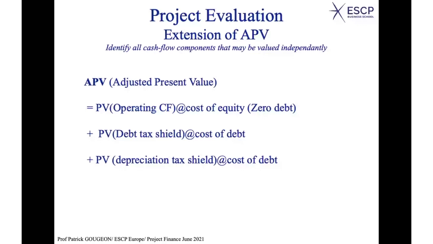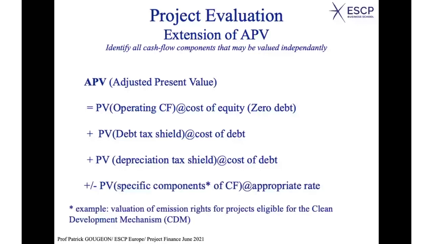Well, and we may also treat all types of other components. Okay, it might be positive or negative components which deserve a specific discount rate different from what is used for the cost of equity. I give you an example. For instance, in projects that save CO2 emissions, well, you can benefit from rights which have a certain value on the market, and this can be treated separately and added to the present value of operating cash flow.